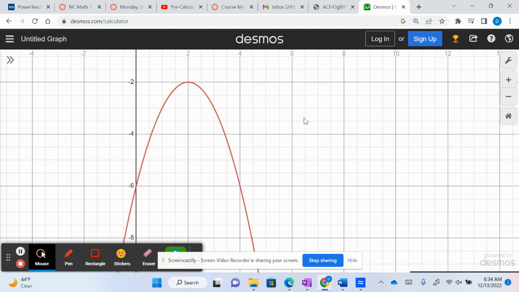Okay. So remember that the axis of symmetry is at the vertex. So what is the equation for the axis of symmetry? Remember, it's the x coordinate of your vertex.